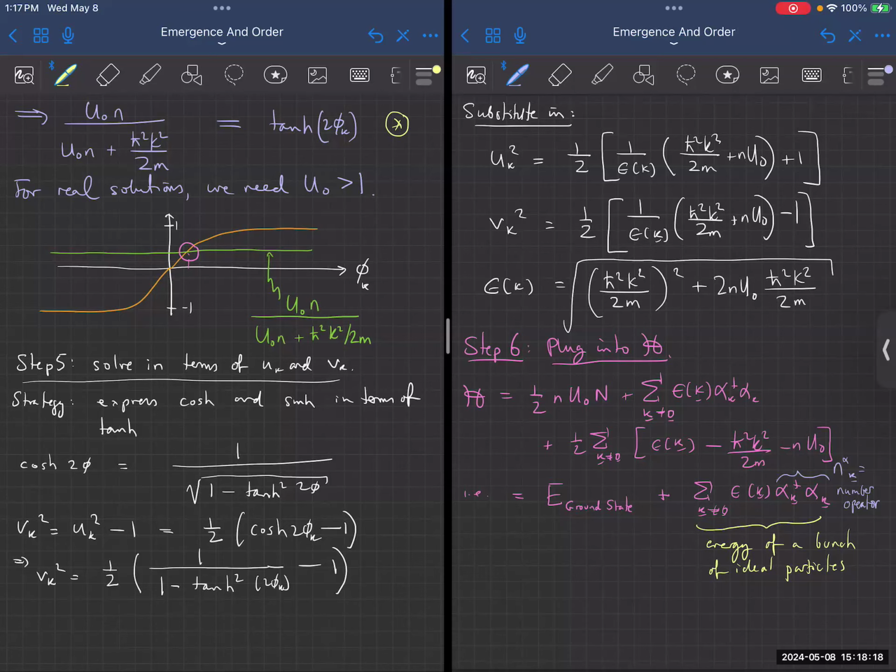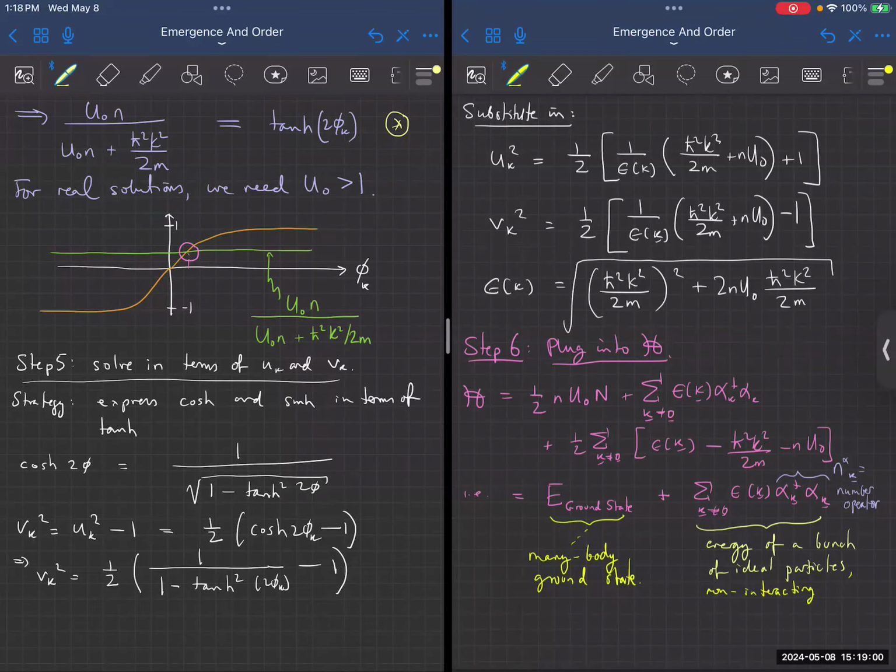And so that is just the energy of a bunch of non-interacting particles. And this is some new many-body ground state. So that is the calculation.